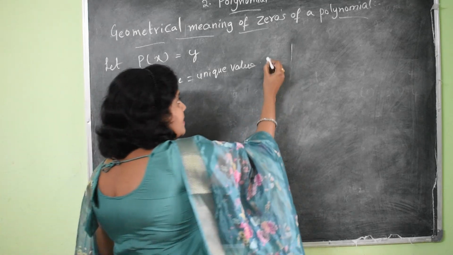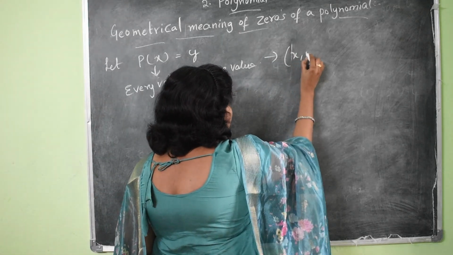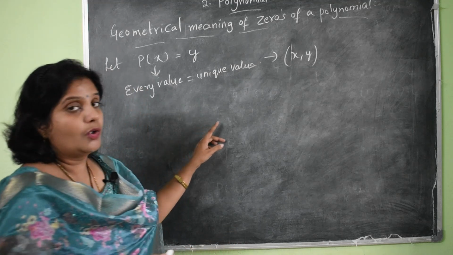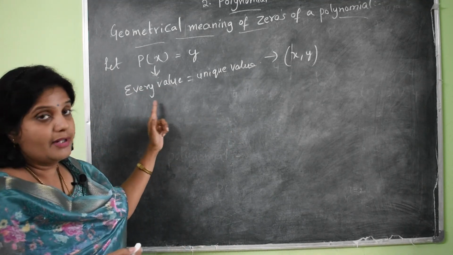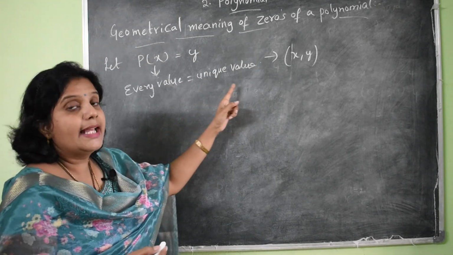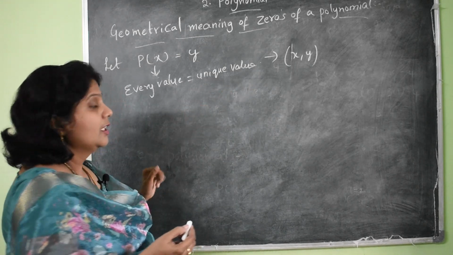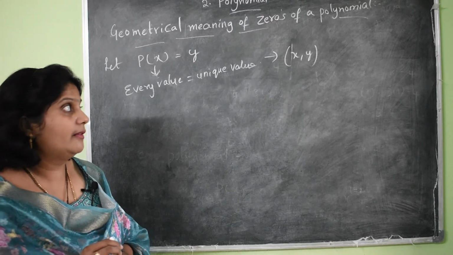There arises an ordered pair, that is x comma y. We got an ordered pair x comma y for the polynomial p of x, because for every value of x, we are getting a unique value of y.